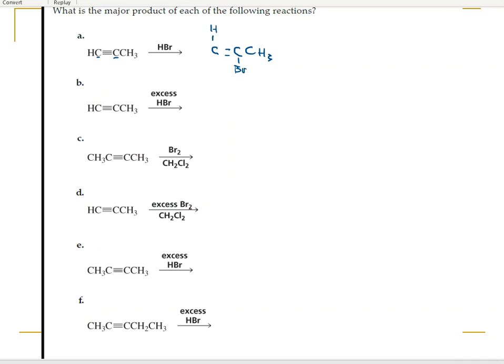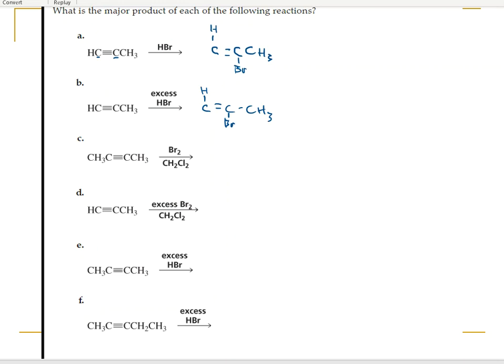For B, they want me to do the same thing, but this time they want me to go through and do excess. All right, so this is not a big deal. I'm going to take the triple bond and break it to a double. 2 sides of attachment open up. The first round of HBr gets added on. H goes here, just as before, and Br goes there.